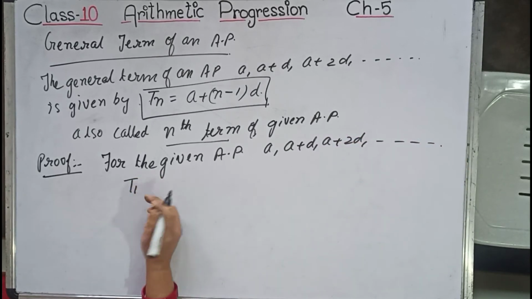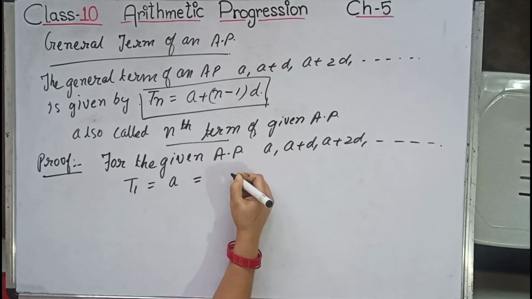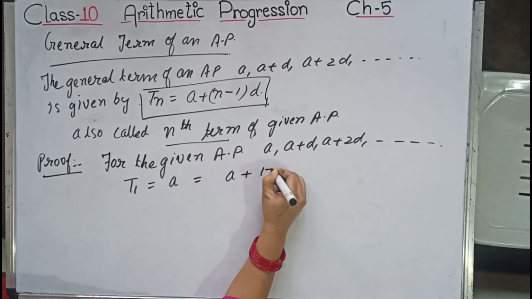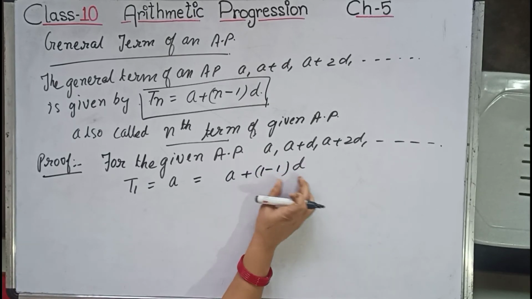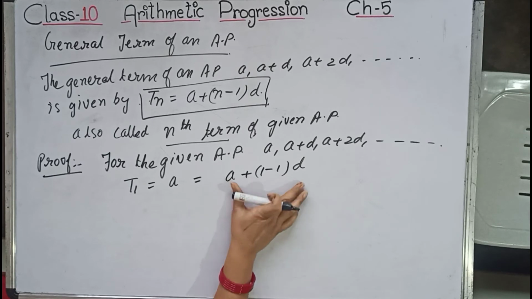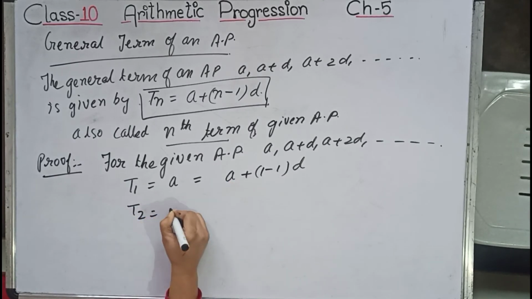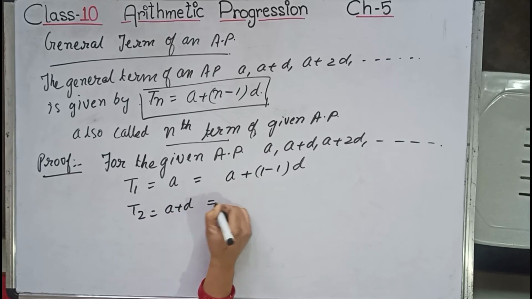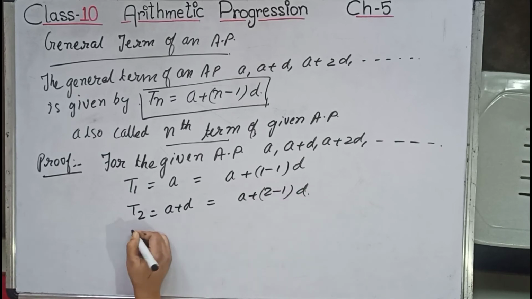The first term T1 equals a. Now this a we can write as a plus 1 minus 1 into d, because 1 minus 1 is 0, so 0 into d is 0. So this equals a if we solve it. Now T2 equals a plus d. Now this we can write as a plus 2 minus 1 into d.